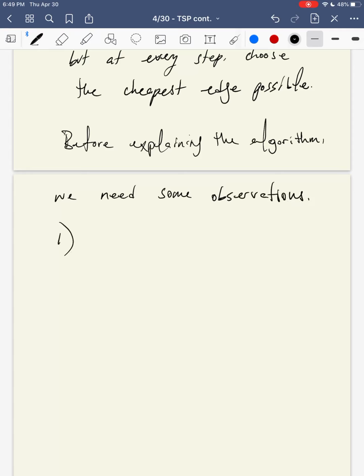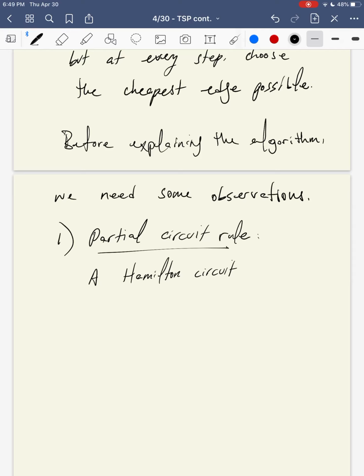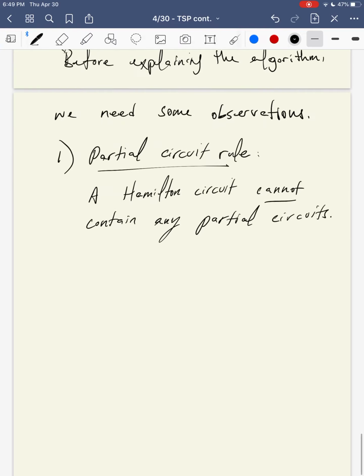Okay, so the first observation is what we call the partial circuit rule. And what this says is that a Hamilton circuit cannot contain any partial circuits. So what's a partial circuit?